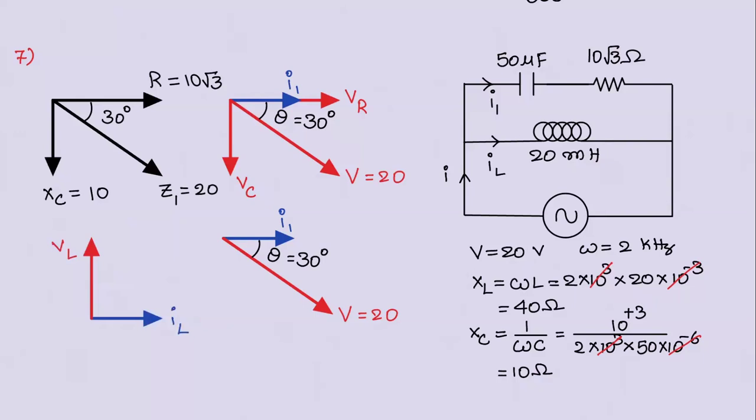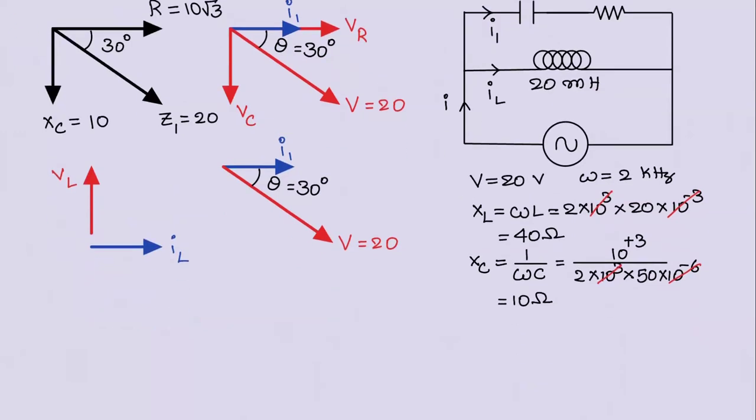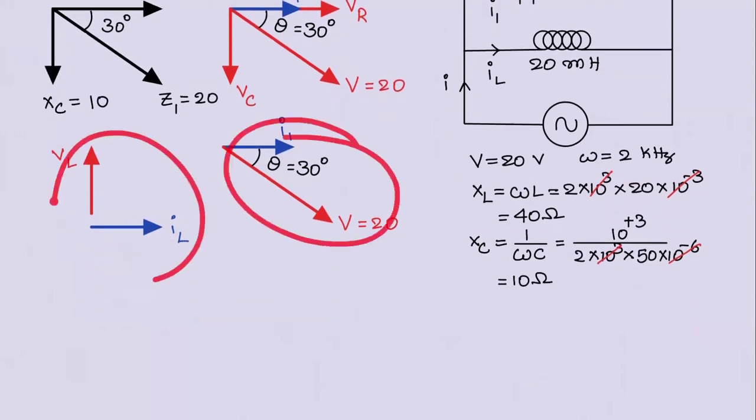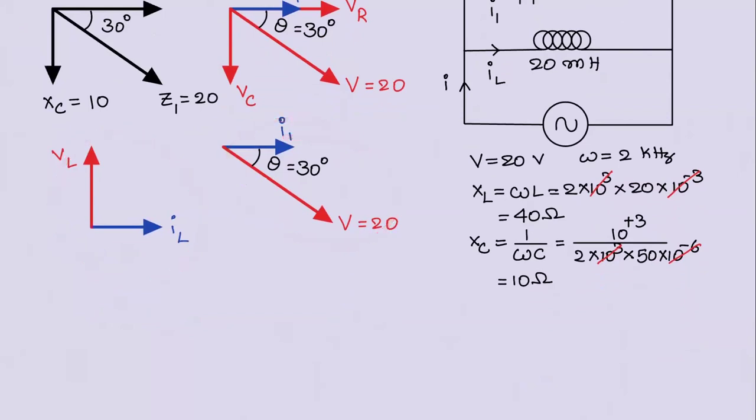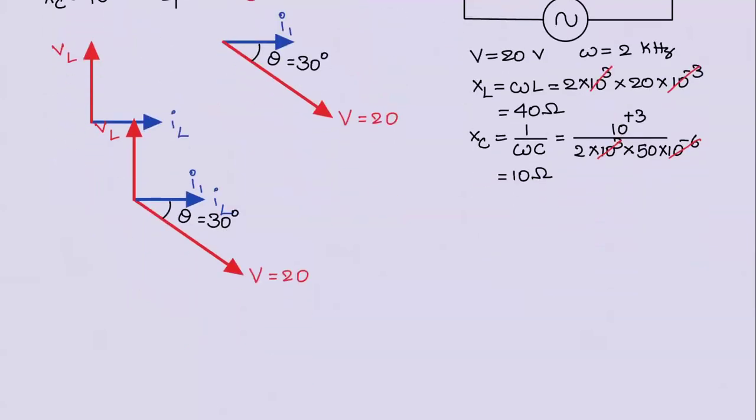Now, check it. The key logic here. If I want to add these two in series, how do I add? In series, what remains same? Current remains same. So I'll take this and I'll take this also, and superimpose them in such a way that current will sync.